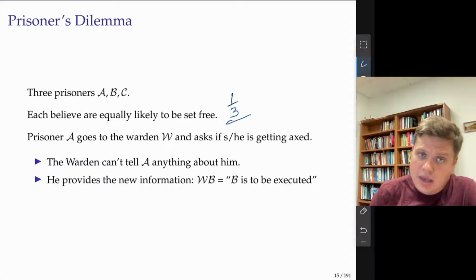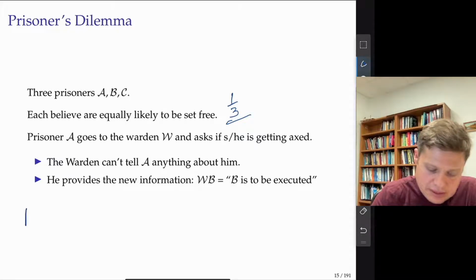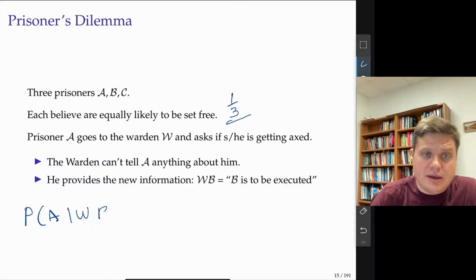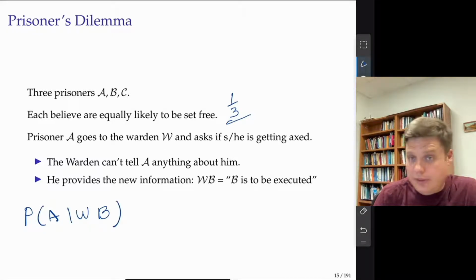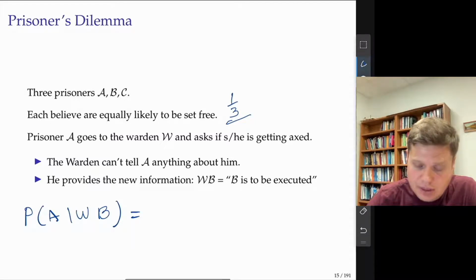Now, A wants to take this piece of information and update the probability. A wants to calculate the posterior probability of being set free given the piece of information given by the warden, WB. And we're going to use Bayes' rule for that.